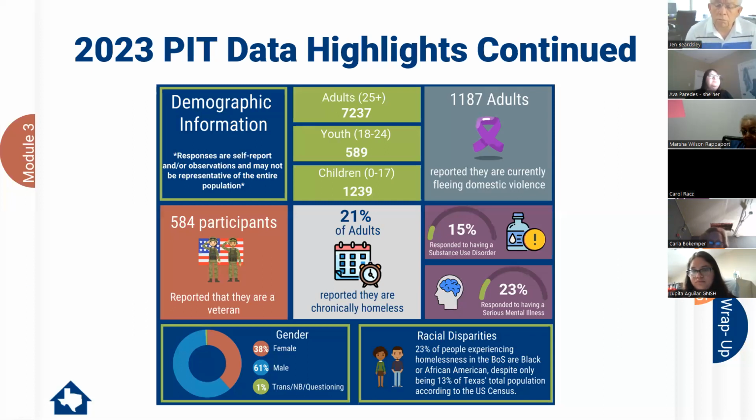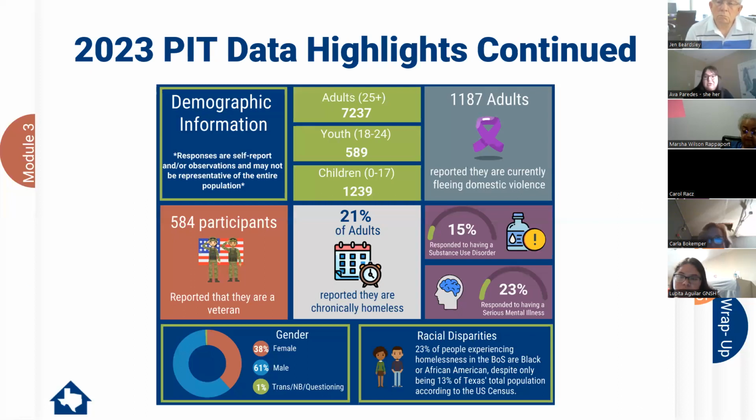Yeah, so HUD has a very particular definition of homelessness, to where some folks might be excluded in certain cases if they are what you would call couch surfing, or maybe they're staying with a friend or with a family member.